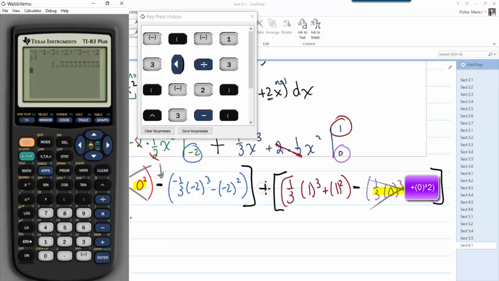And then I need to add that to this one, which is my 1/3 times 1 to the third plus 1 squared, which is, in the end, 2 2/3. So if you make this into a fraction, you end up with 8/3.